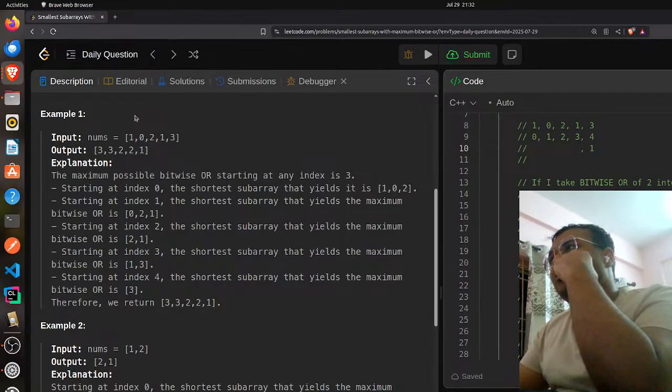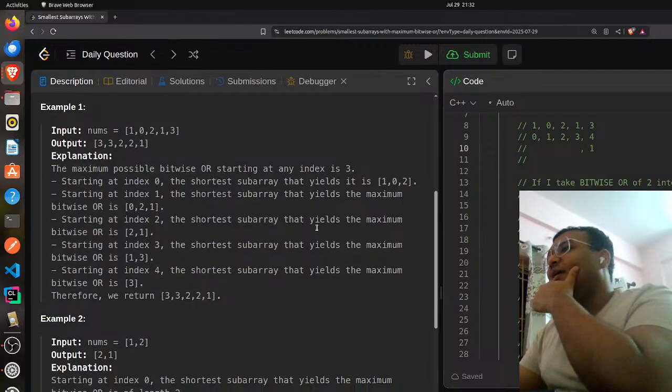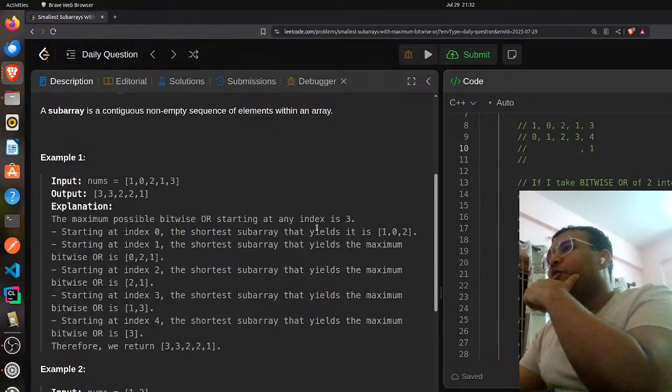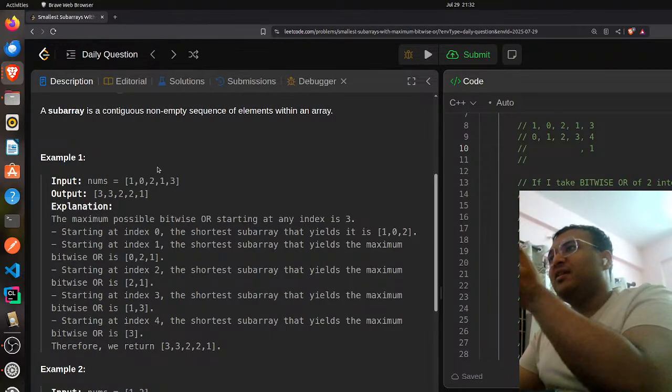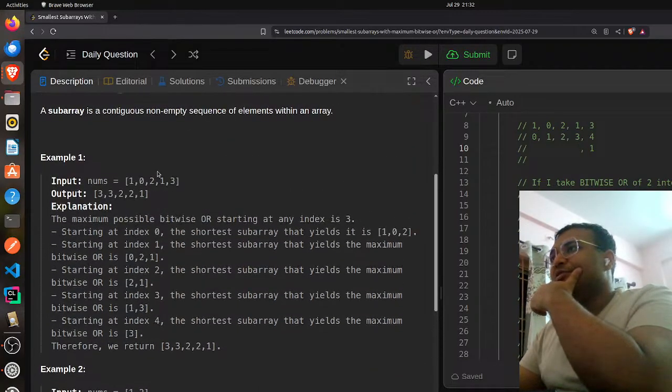Absolute brute force is actually traversing through the array, maintaining the maximum value, and if you have a new maximum value, updating it, right? And that would be O of n square. So we are looking at O of n, because we cannot really sort the array. So log n does not really have a way to pop up here. So O of n solution.